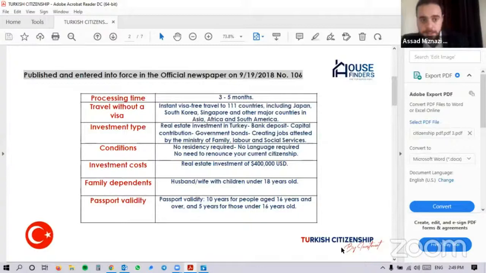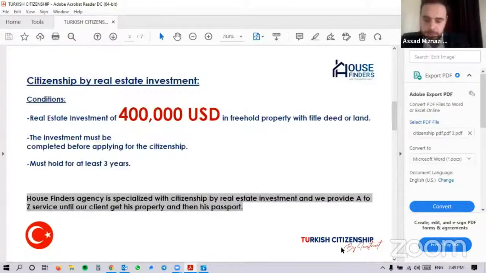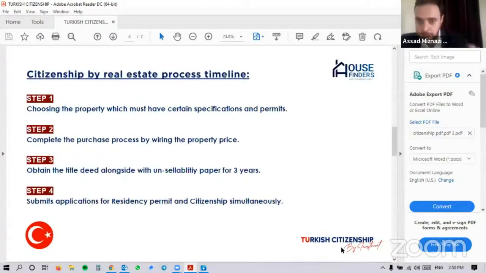So what's the process? You need to block the property for 3 years before applying for citizenship. After 3 years, having obtained the citizenship, you can sell it directly. So what are the steps? This is my last point. First, you choose a property, which should have certain specifications that we can guide you through.